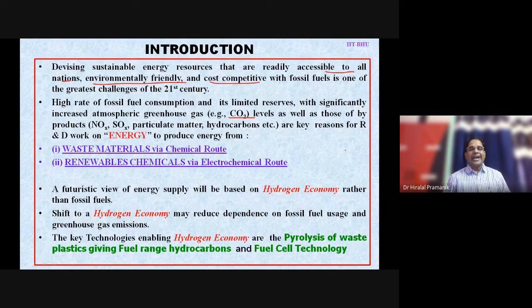So what I have decided, in view of this, is to consider the waste material which we already have, and you cannot avoid the use of those materials, and finally it is thrown away as waste.